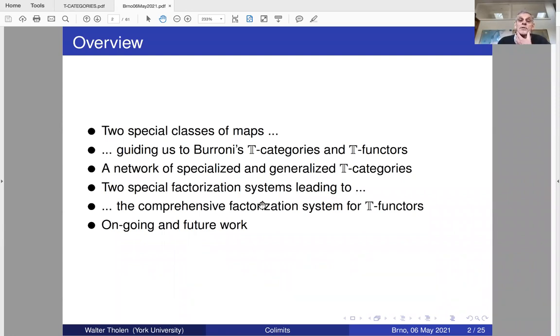Then I go back to these two classes of maps and show that you can establish what we call a comprehensive factorization system in that environment. And at the end, I briefly will talk about current and future work.